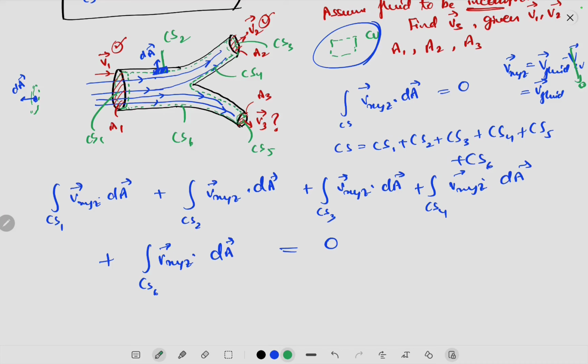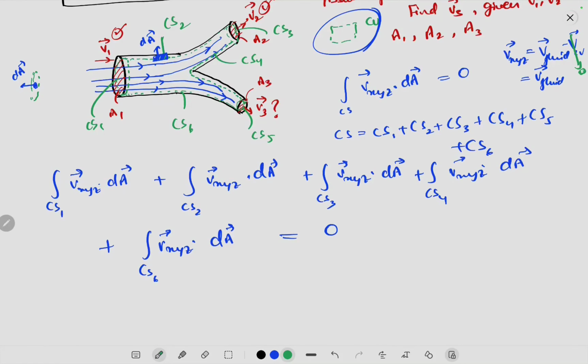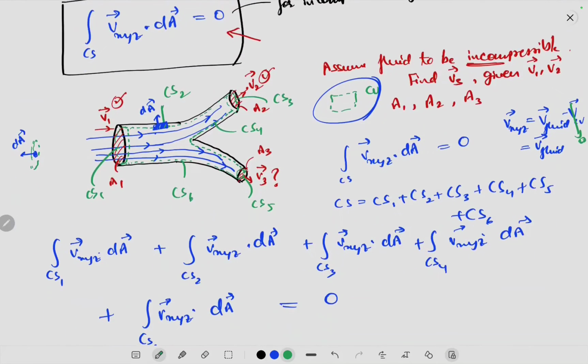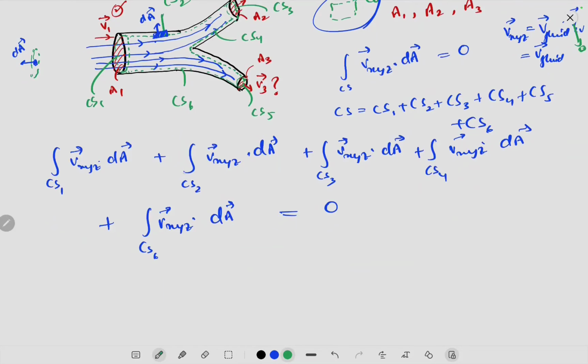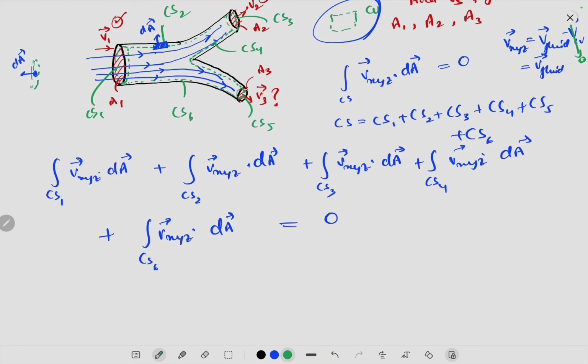And v fluid given is v1, v2 and v3. So we can directly use v1, v2, v3 in some of these surfaces to replace vxyz vector.